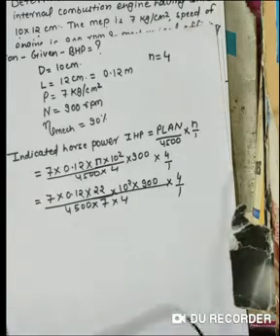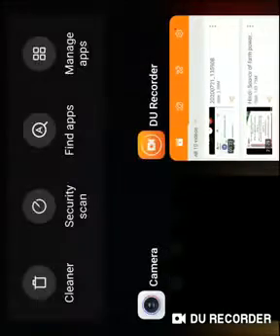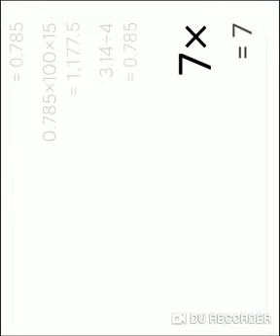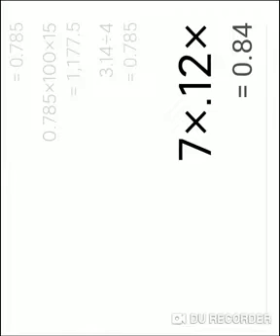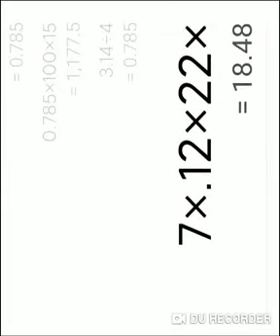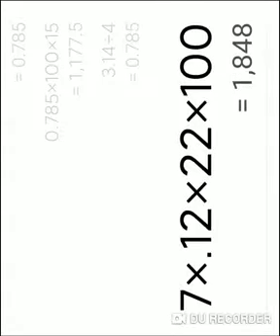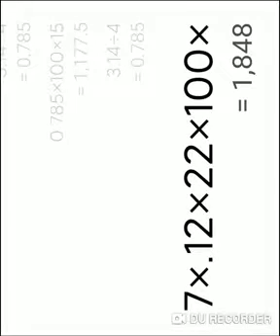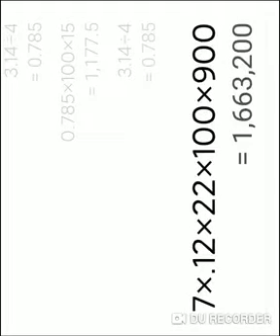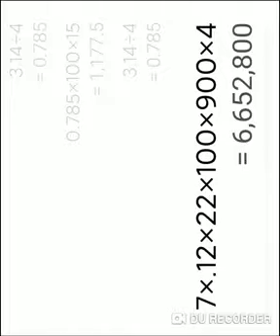So we open our calculator. So this is our calculator. So 7 multiplied by 0.12 multiplied by 22 multiplied by 100 multiplied by 900 multiplied by 4.